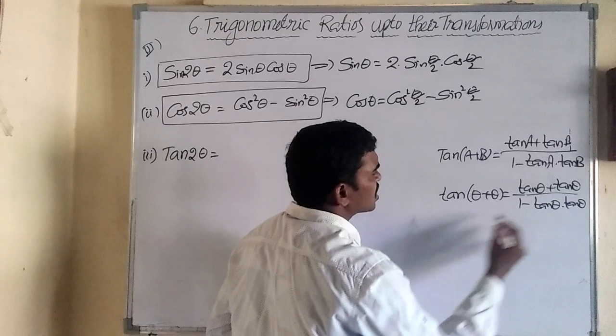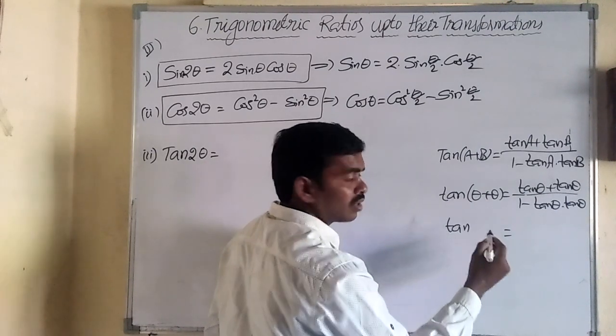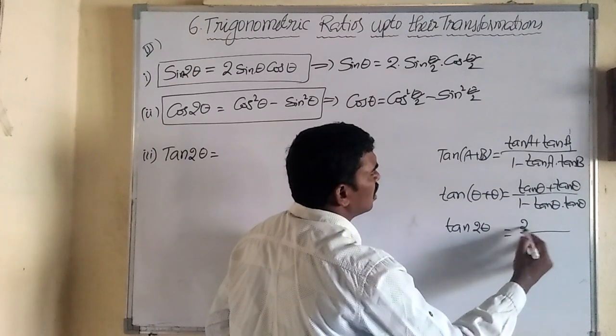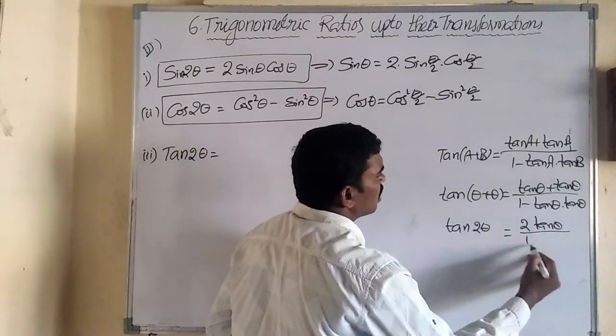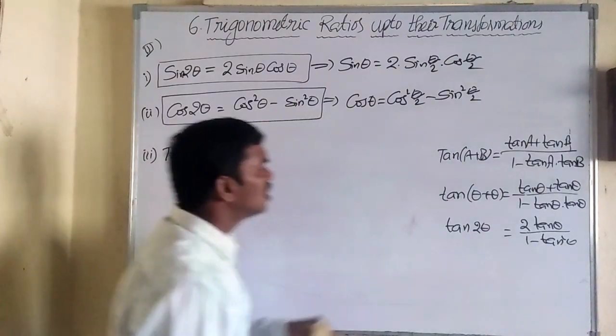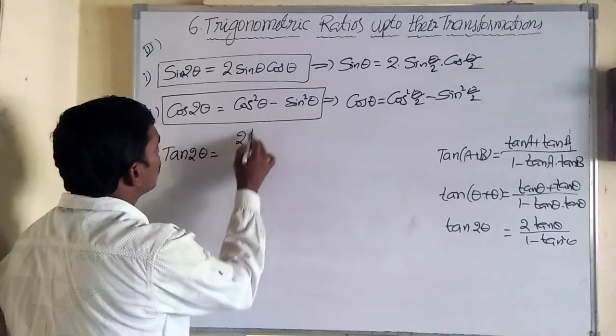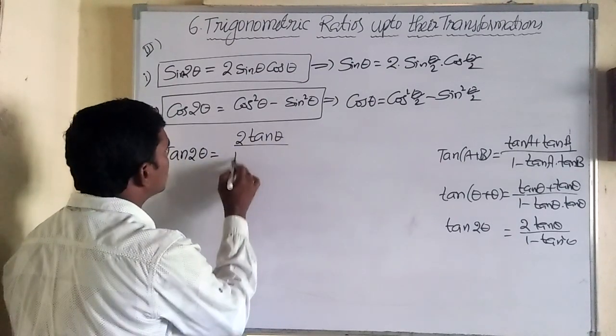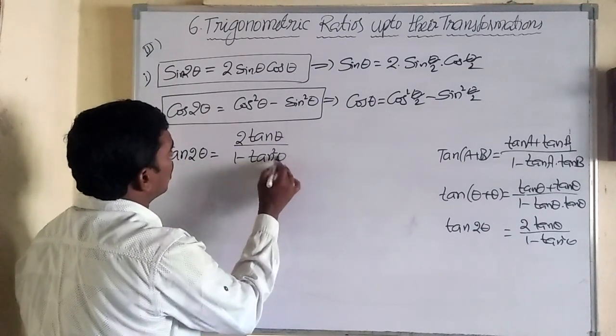That is tan 2 theta equals 2 tan theta by 1 minus tan square theta. So the tan 2 theta formula is 2 tan theta by 1 minus tan square theta.